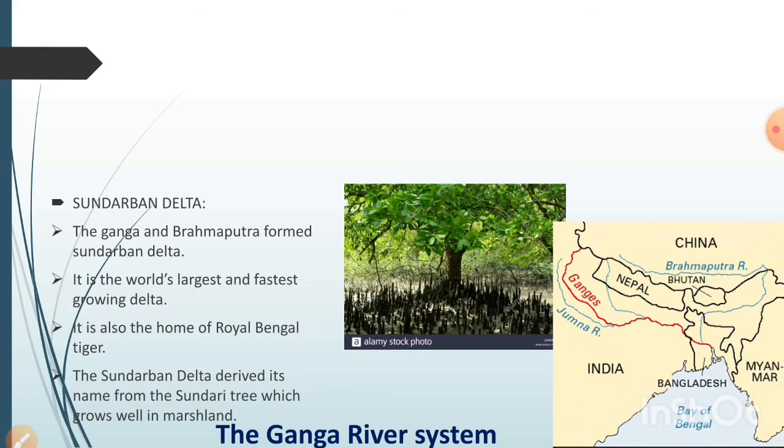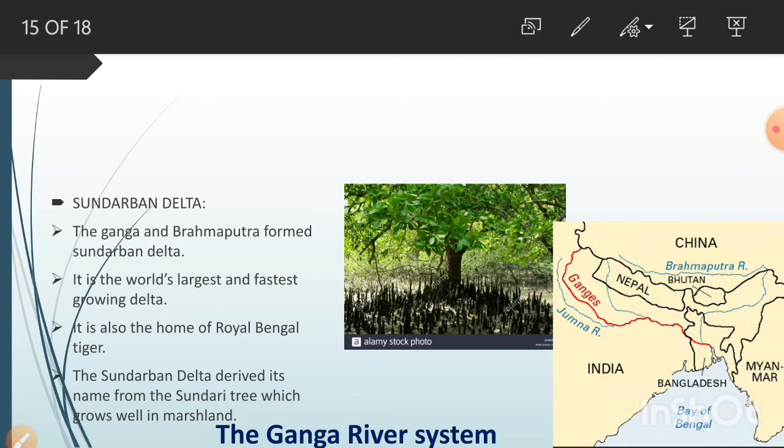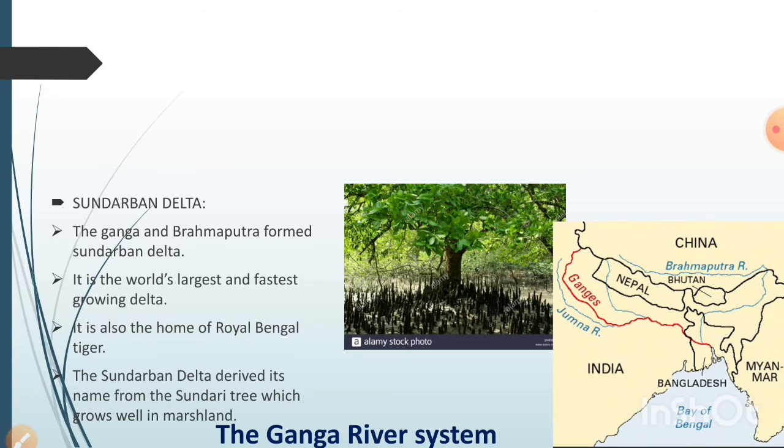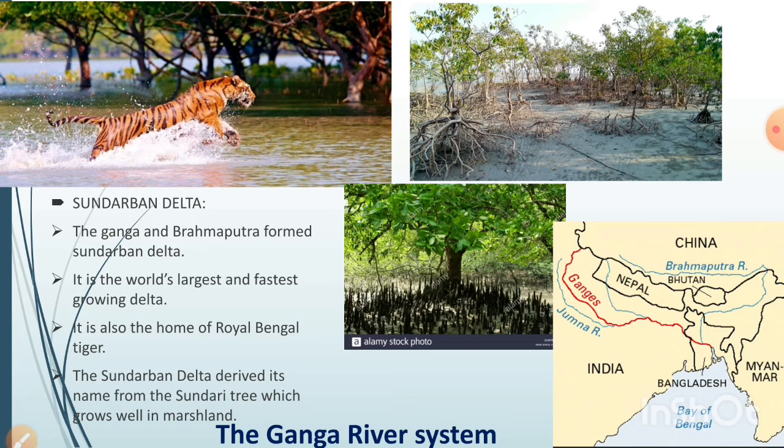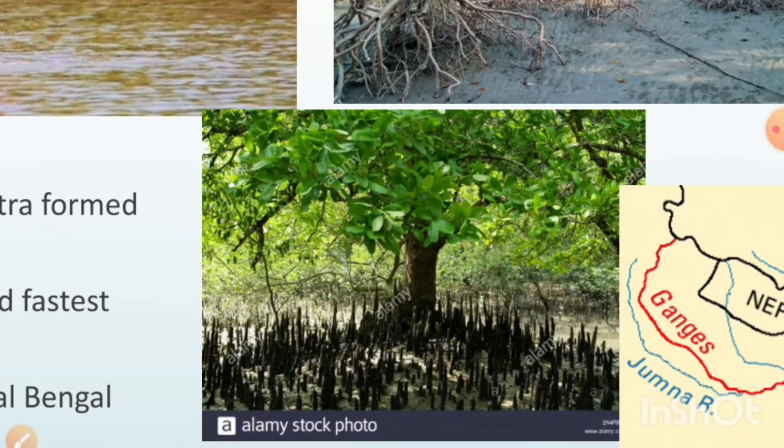It is the world's largest and fastest growing delta. It is also the home of the Royal Bengal tiger, and the Sundarban delta derived its name from the Sundari tree, which grows well in the marshland. This is a picture of the Sundari tree.